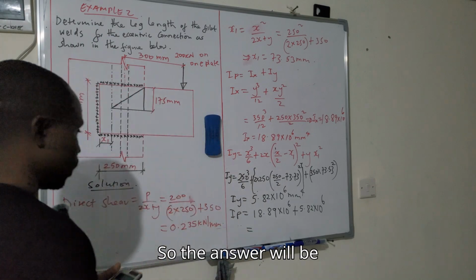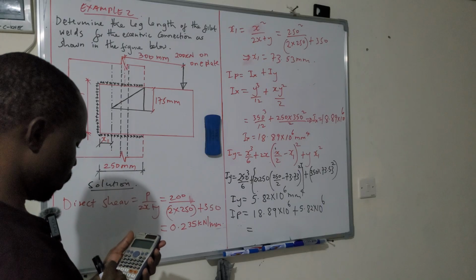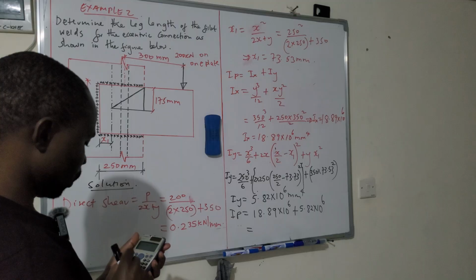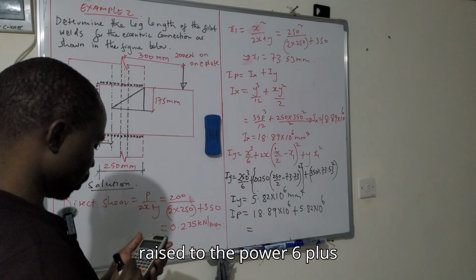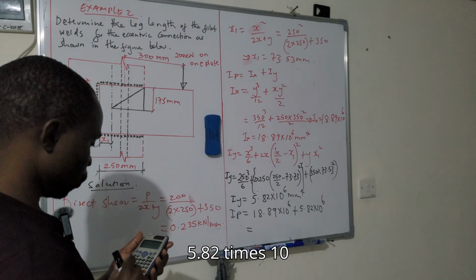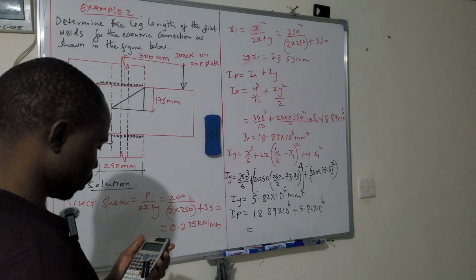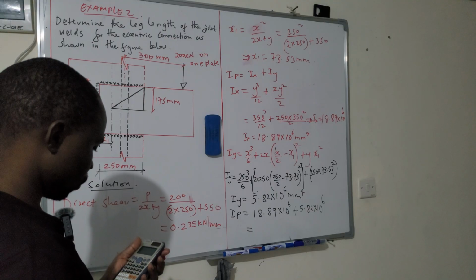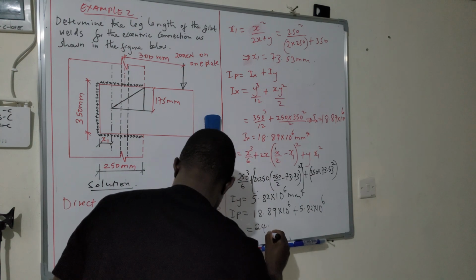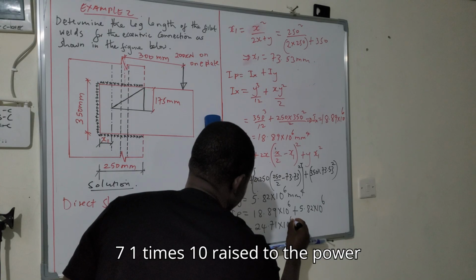So the answer is 24.71 times 10 raised to the power 6.